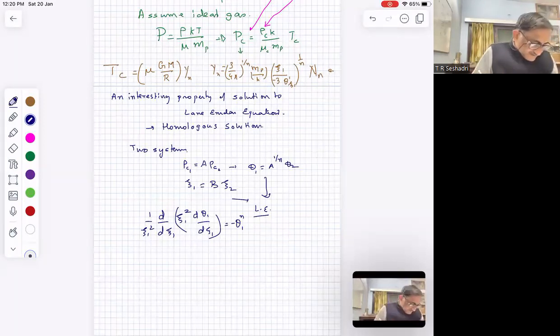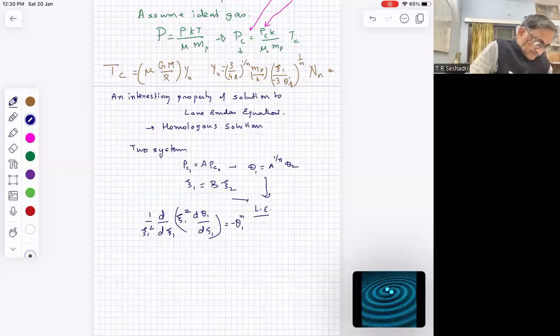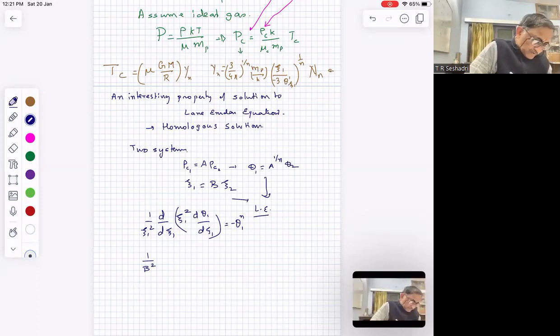Okay. And now suppose I substitute this 1 in terms of 2. What will I have? I will have 1 by b square d by d xi 2 into b square xi 2 square.